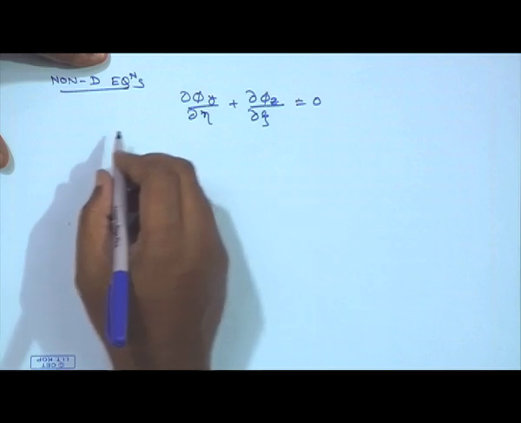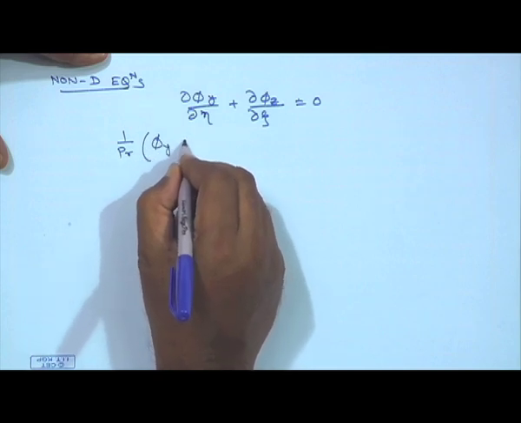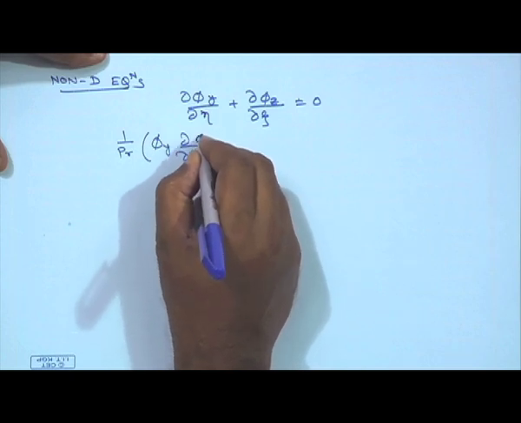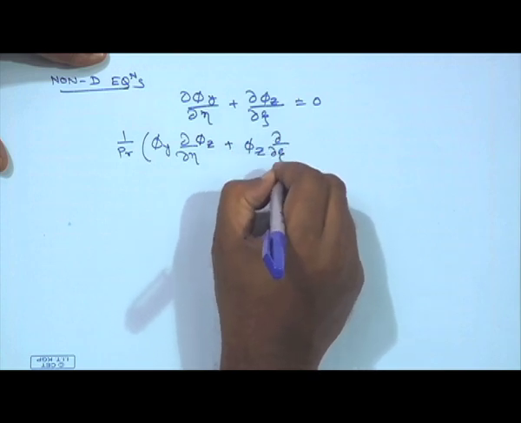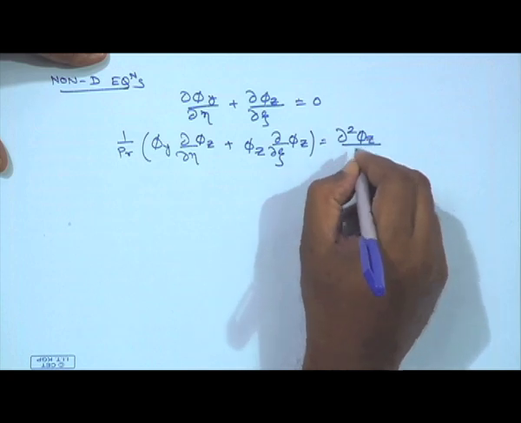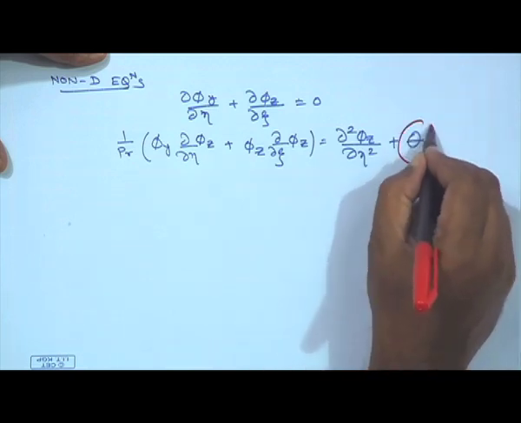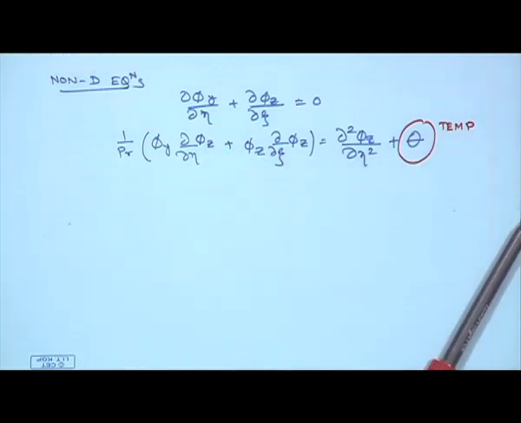The equation of motion becomes phi y del phi z by del eta plus phi z del phi z by del zeta is equal to del square phi z by del eta square plus theta, where this theta is the temperature term. These are all values of velocity, whereas this theta is nothing but the temperature term.